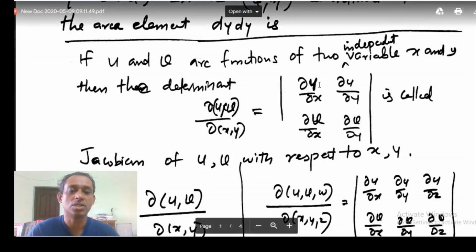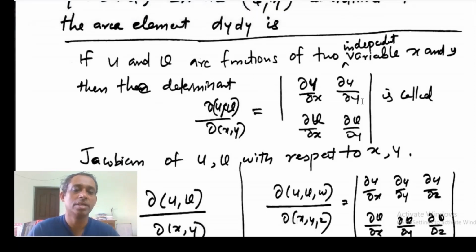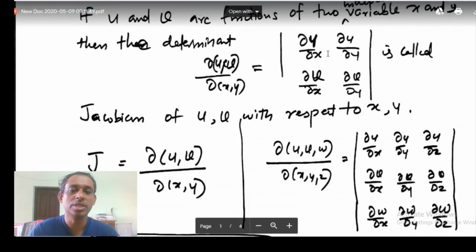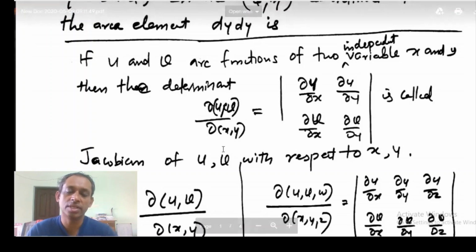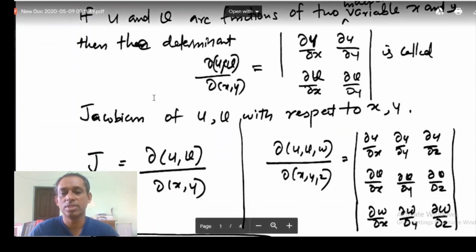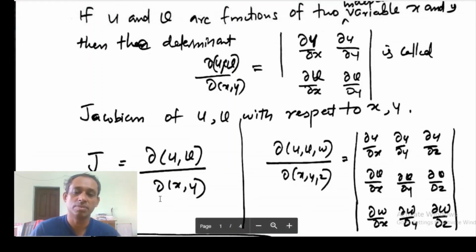This is defined as the determinant with rows ∂u/∂x, ∂u/∂y and ∂v/∂x, ∂v/∂y. That determinant is the Jacobian of u, v with respect to x, y.